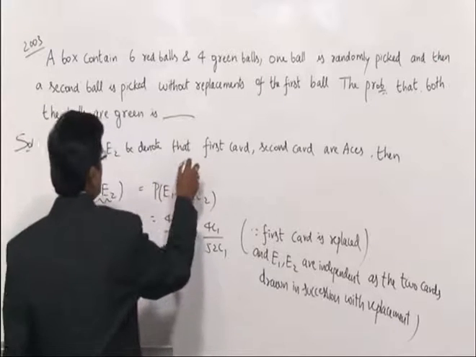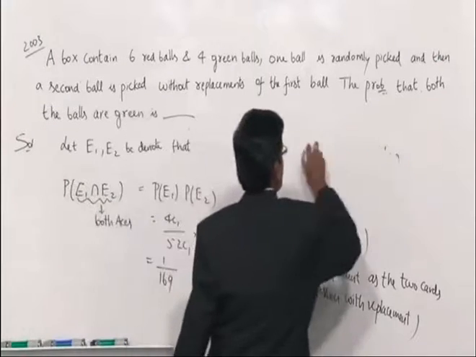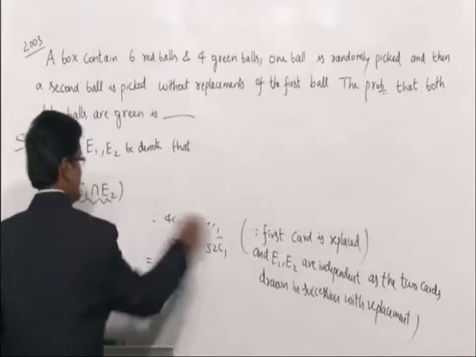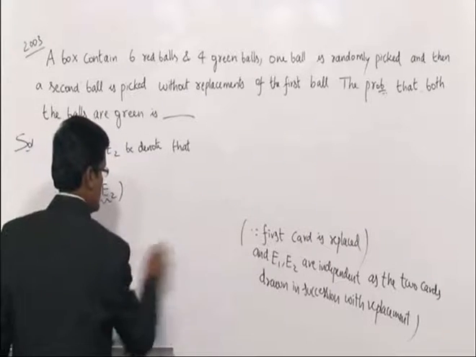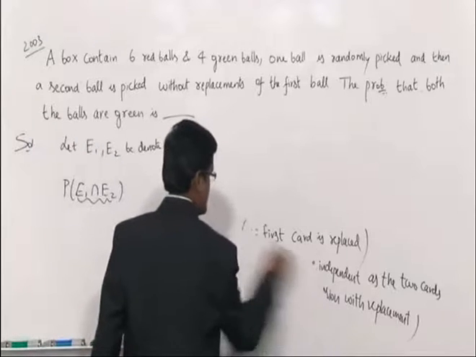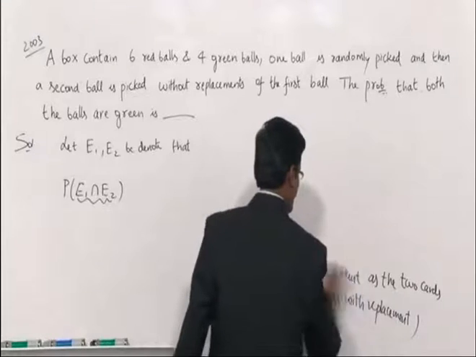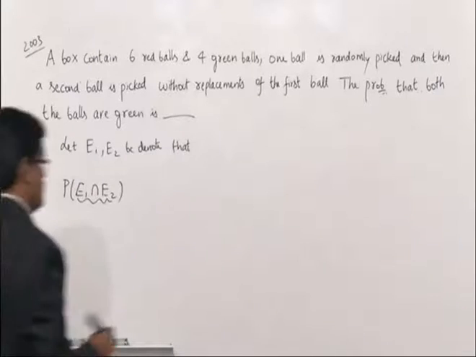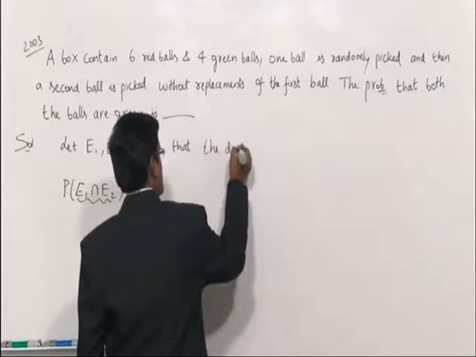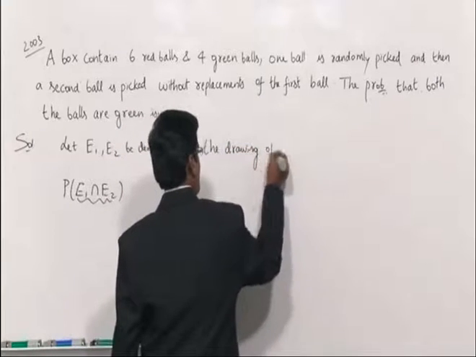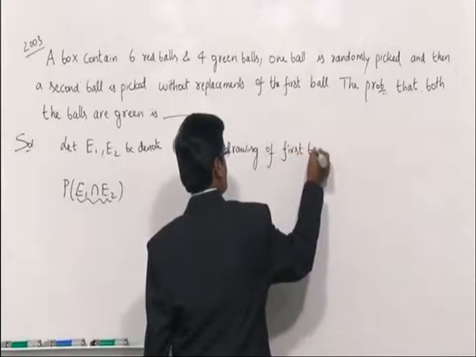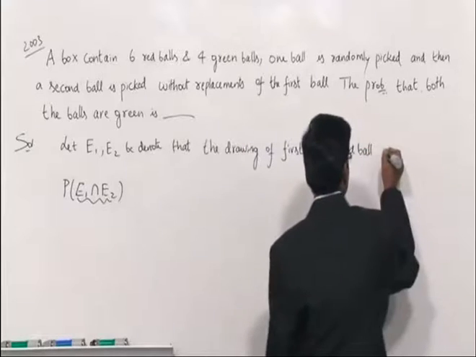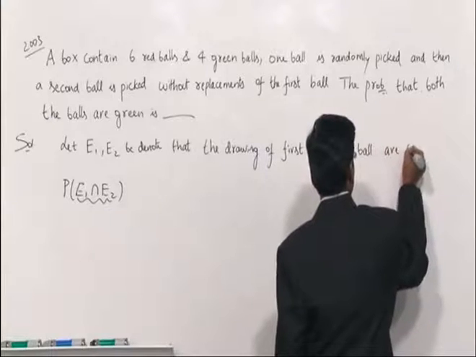So here also let E1, E2 denote that the drawing of the first ball, second ball are green.